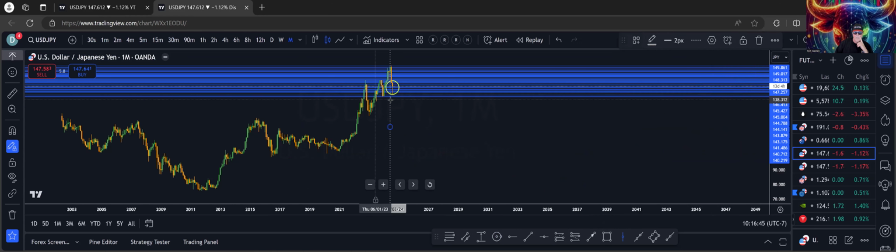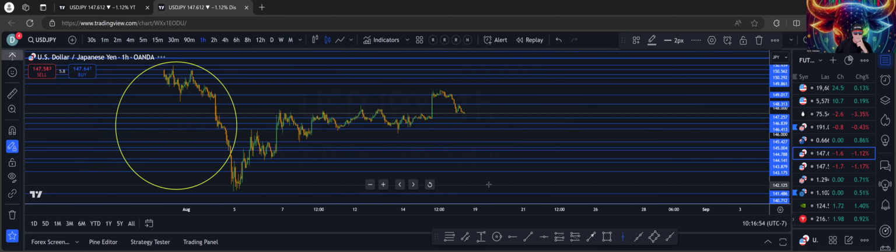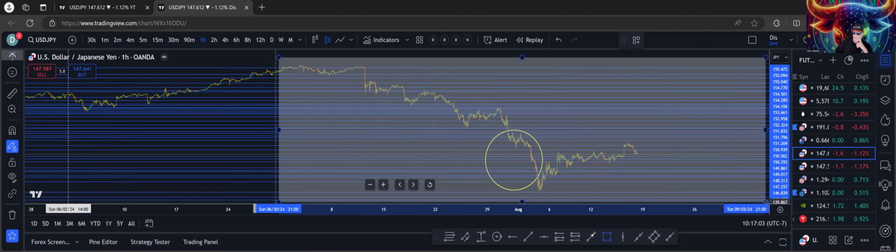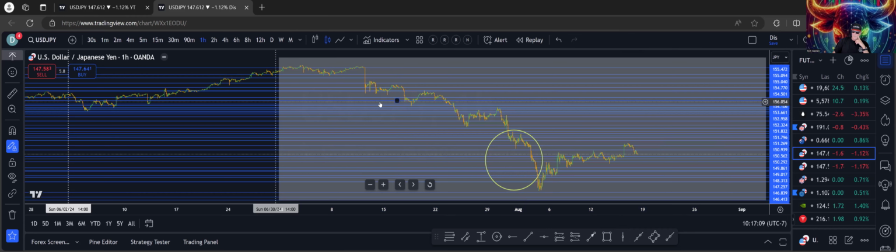What is it really going to do? So this entire area is that last monthly candle. Doesn't make any sense.